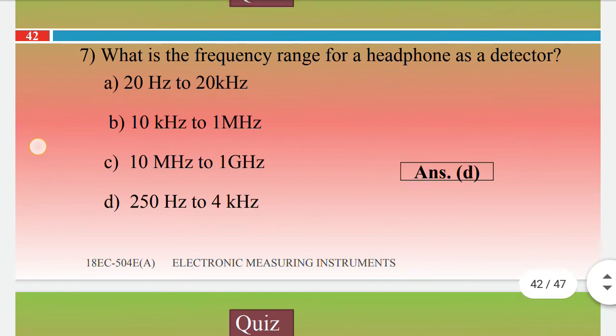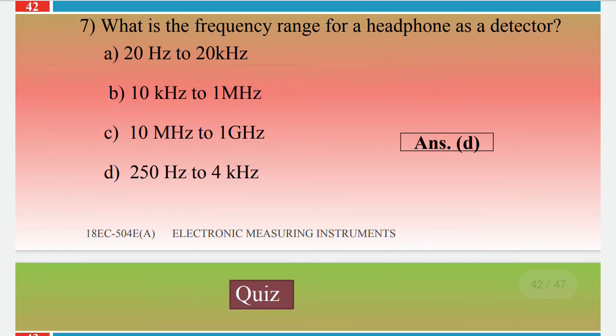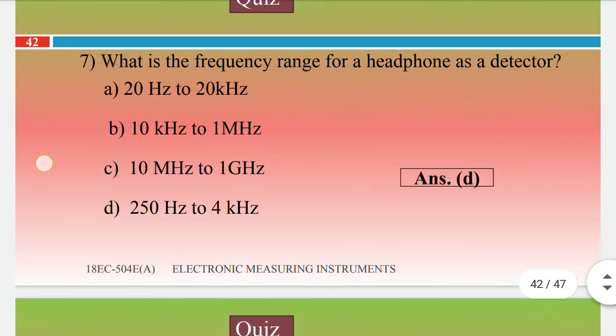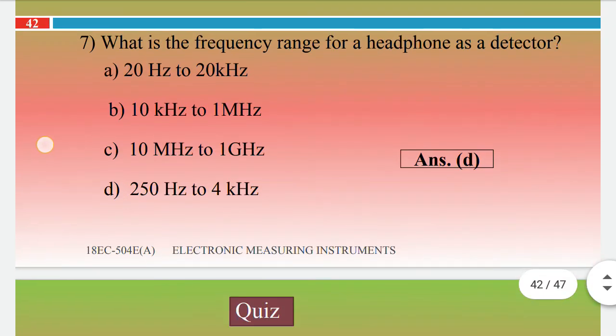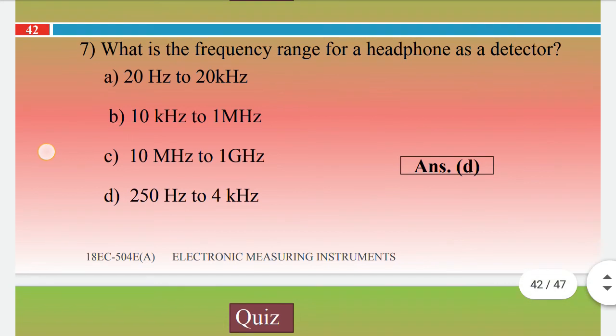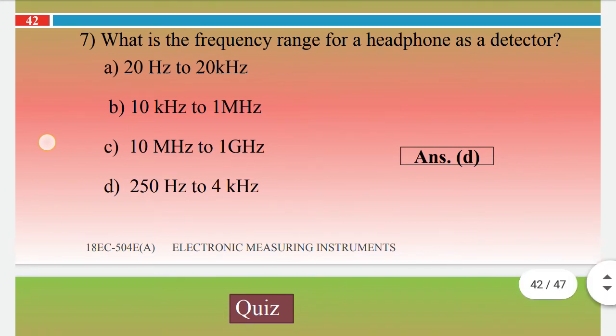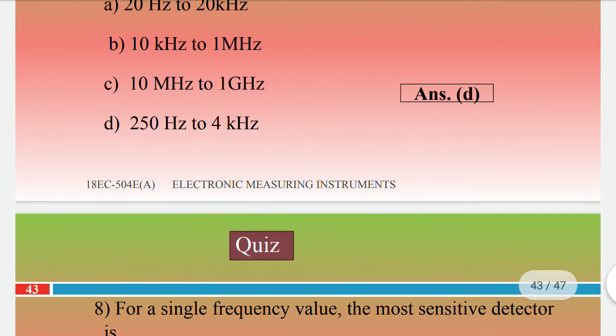So options: A 20 Hz to 20 kHz, this is the audible frequency range, B 10 kHz to 1 MHz, C 10 MHz to 1 GHz, and D 250 Hz to 4 kHz. We have already seen in the figure the headphone frequency range is from 250 Hz to 3 to 4 kHz. So the correct answer is D.